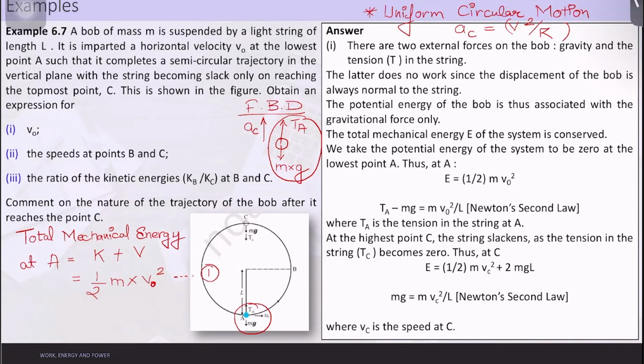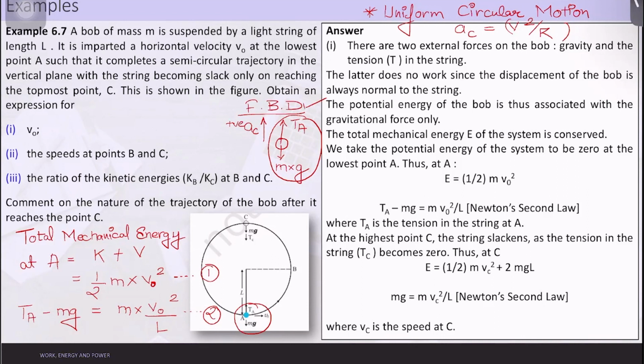This is basically a_c. So what can we write? Let us take the direction towards the center as positive. Therefore, we can write that T_A minus mg is equal to mass into acceleration. What is acceleration here? It's velocity squared divided by L. I hope how this equation came about is clear to you. So what are the two concepts I used? The first concept I used was about FBD. What is FBD?